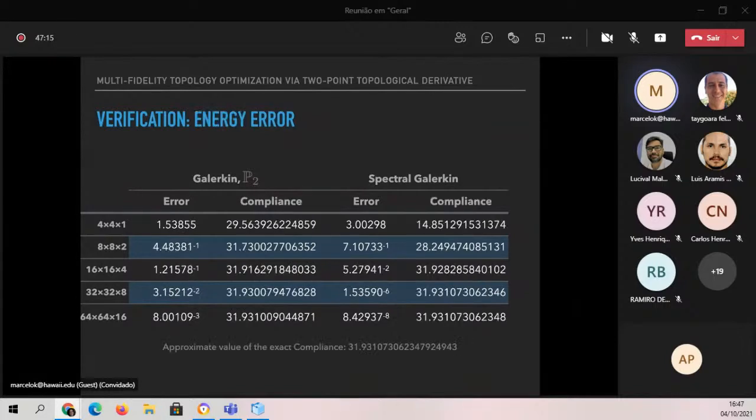And for what I really need, the compliance, you can clearly see here the speed up that you get. So as I said, with 64, 64, 16, in the spectral Galerkin, I already am at machine accuracy. So if you look at the compliance that is calculated, that's what I want to calculate for my validation. All figures that you see there are correct. I have the approximate value of the exact compliance just because I have to truncate, right?